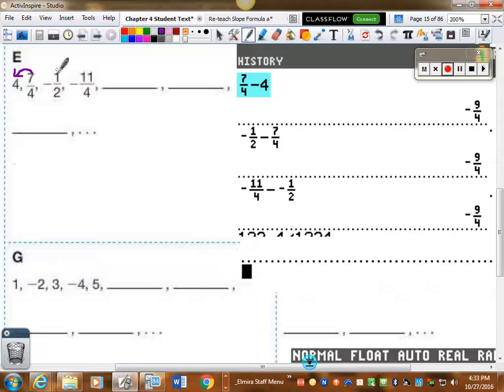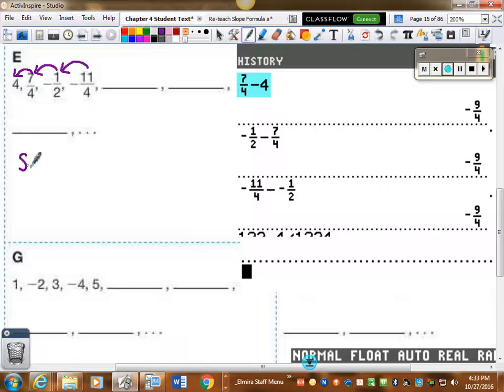And then I did negative 1/2 minus 7/4, and I got negative 9/4 again. Then I got negative 11/4 minus negative 1/2. Now that's a lot of negative signs in there, and if you don't type these in correctly, then you're not going to get the negative 9/4 repetitively like you're supposed to.